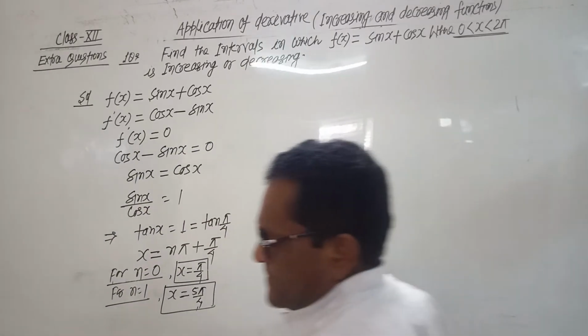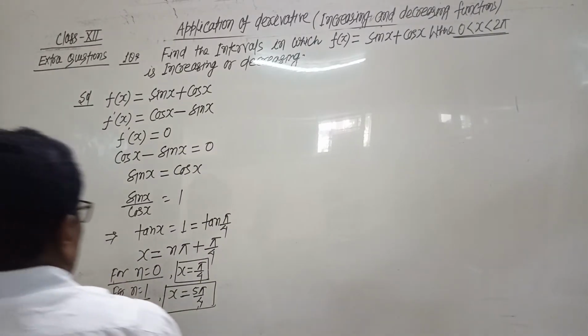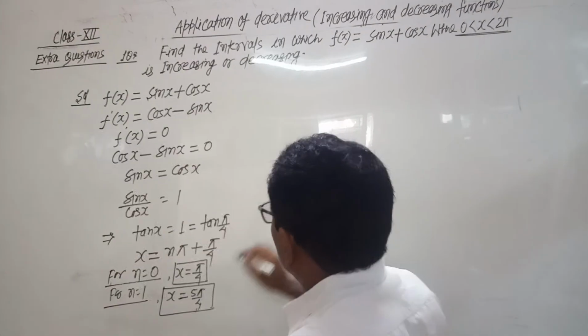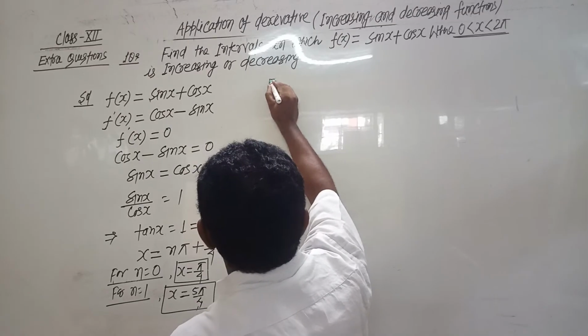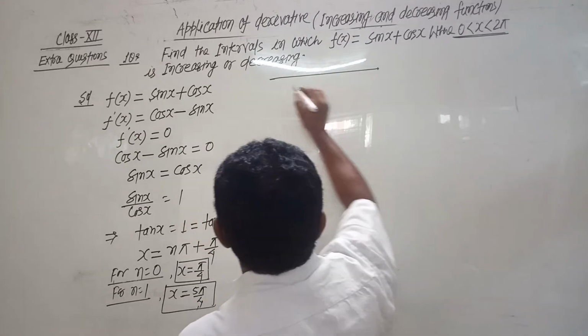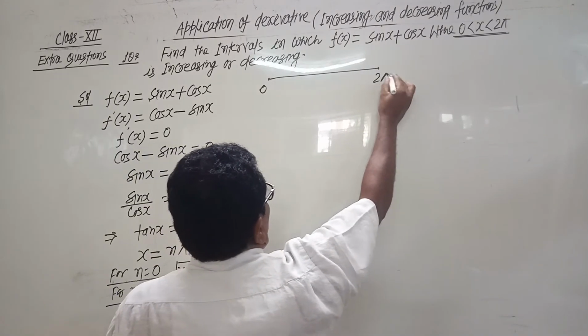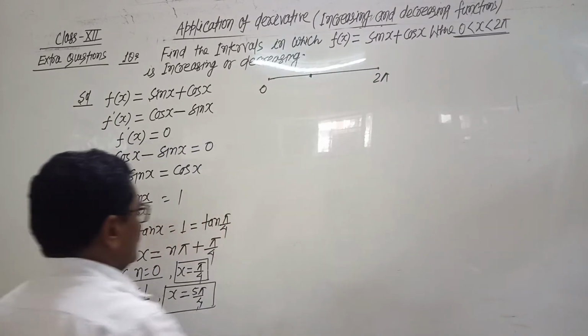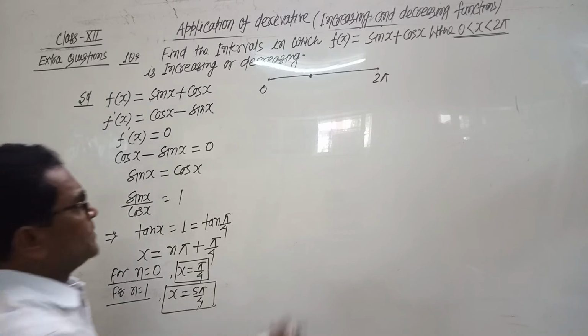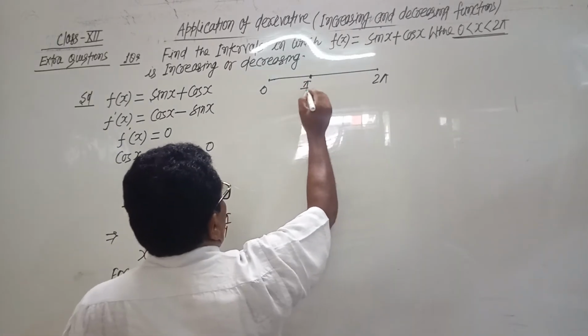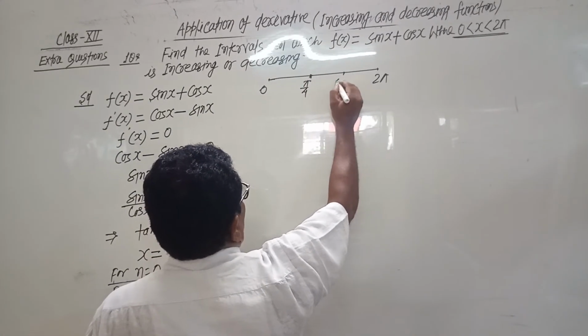Now, these are the two points; express these points on the number line. We have 0 and 2 pi, and the two other values which we get are pi by 4 and 5 pi by 4.